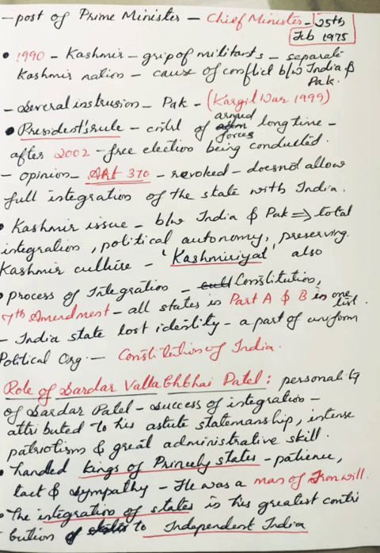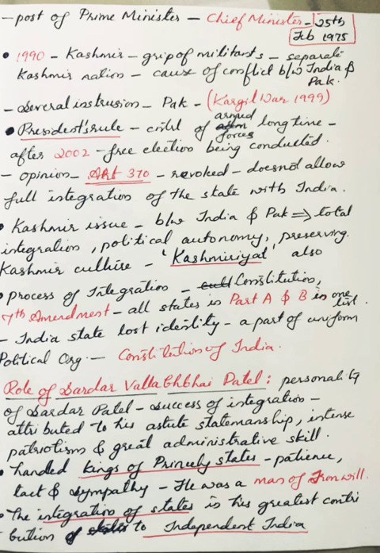Only after 2002 have free elections been conducted. There is an opinion that Article 370 should be revoked, as it does not allow full integration of the state with India. The Kashmir issue is not just a dispute between India and Pakistan, but also has dimensions of total integration, political autonomy, and preserving Kashmir culture, or Kashmiriyat.